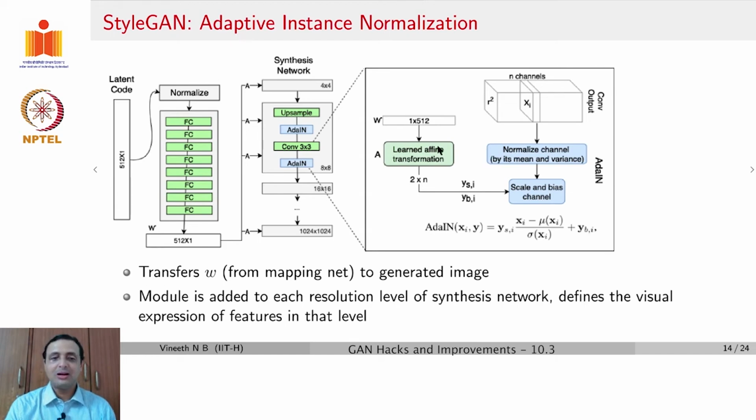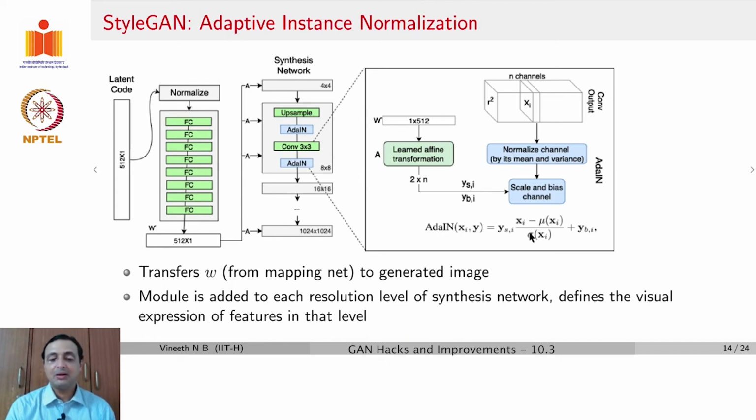Before that's concluded, the weight vector W, which is given as input to each of these blocks, is transformed by an affine map which gives us a set of values y_s,i and y_b,i, which is used to change the scale and bias of the output of the convolutional layer. This is where the adaptive normalization comes into play.